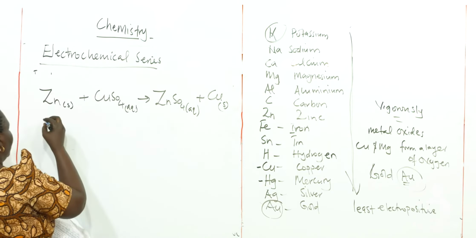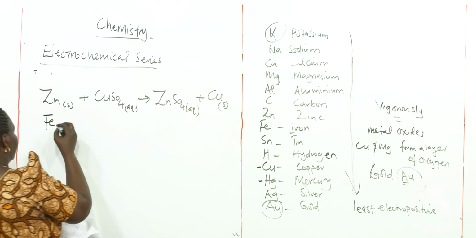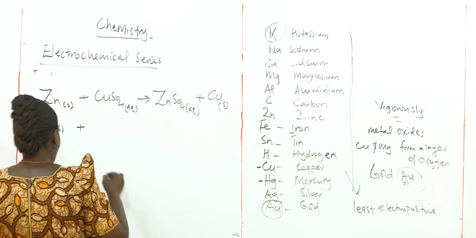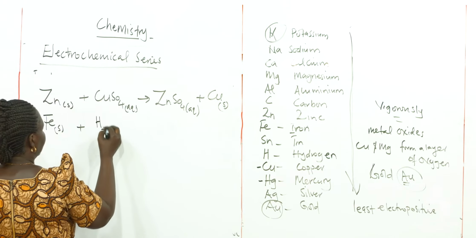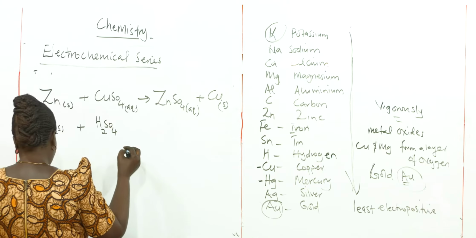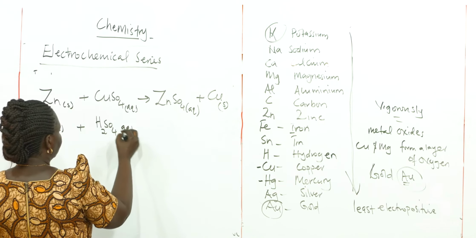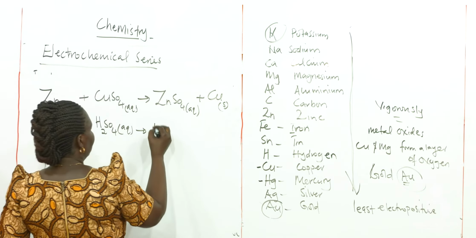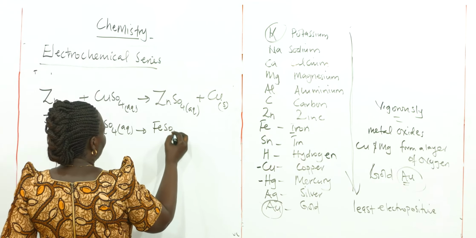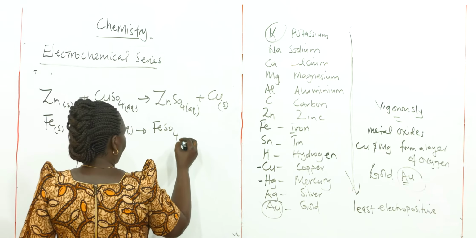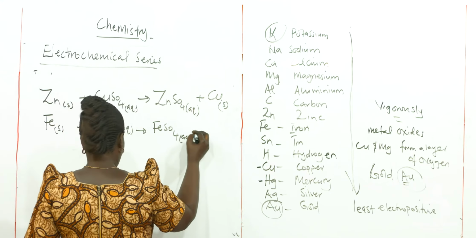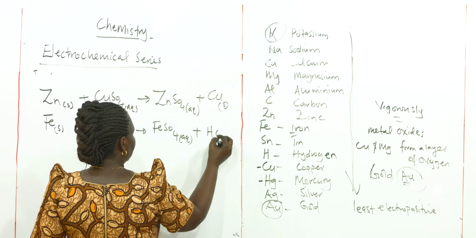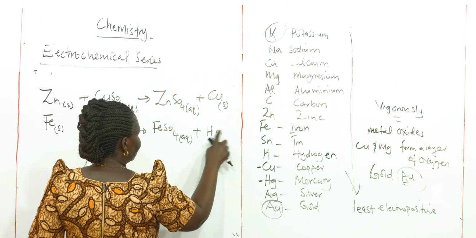We have iron metal, that is solid, plus sulfuric acid, aqueous. This will give us iron sulfate in aqueous form plus hydrogen gas.